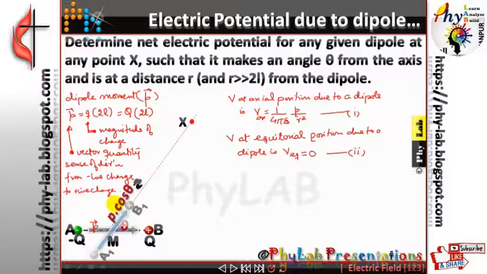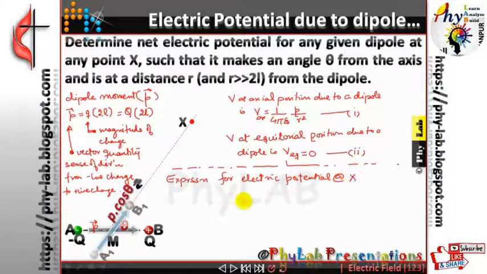Friends, now the expression for electric potential at point X. I am going to obtain the expression for electric potential at X due to dipole A1 B1.